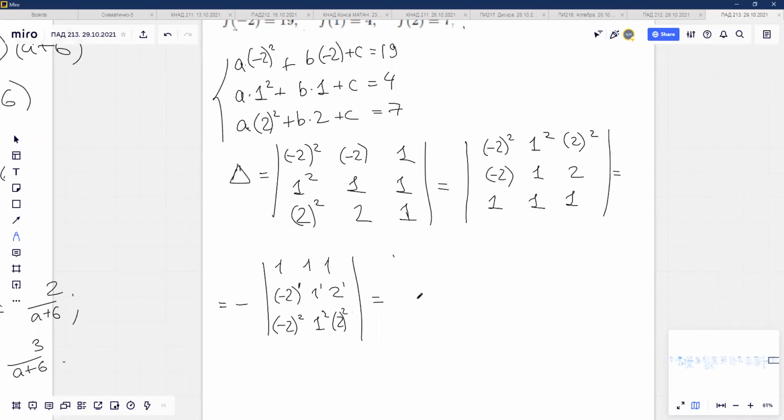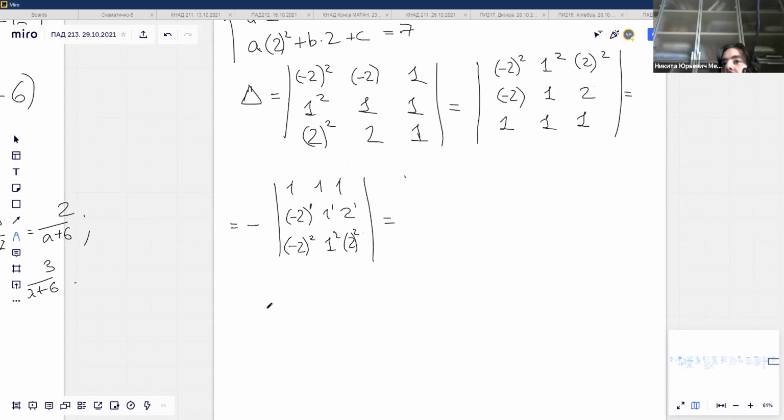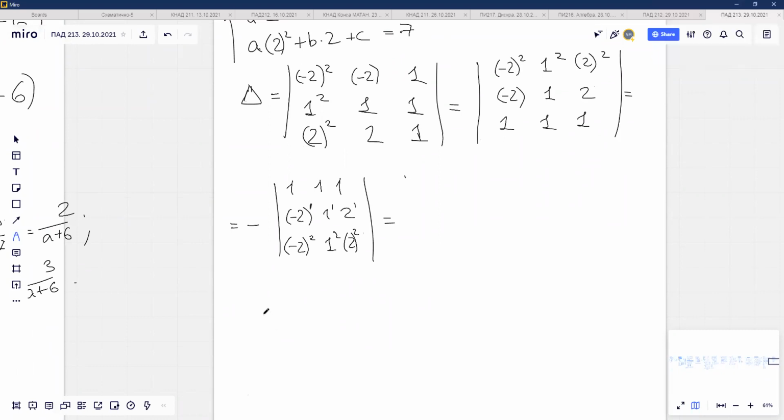There should be ones, and there are also some other elements, instead of -2 and 2. And then what goes in the next rows?